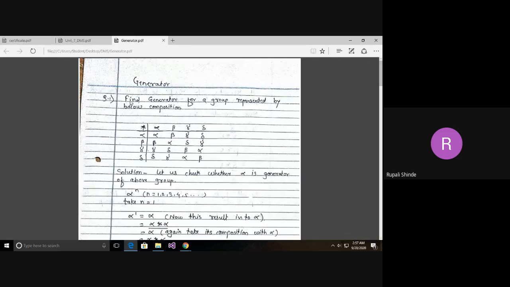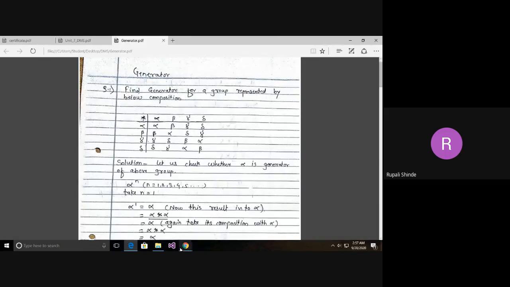So here the question is given as: find the generator for a group represented by the below composition. This is the composition table, and from this table we have to find which one is a generator for this group. What are the elements of this group? Alpha, beta, gamma, delta. Four elements are there, and we have to find out of these four elements what are the generators.